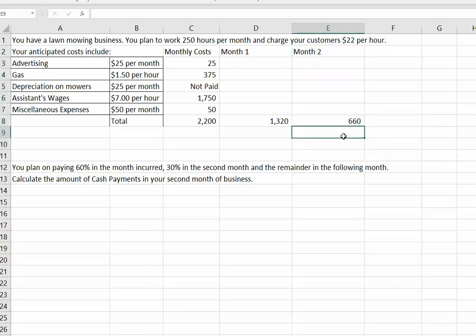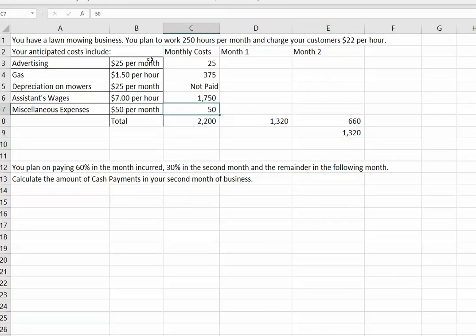But I do want to talk about month 2 because we incur another $2,200. So in month 2, we're going to pay basically the $1,320 again because it's the same amount of costs. So we're going to go 0.6 times the 2,200.